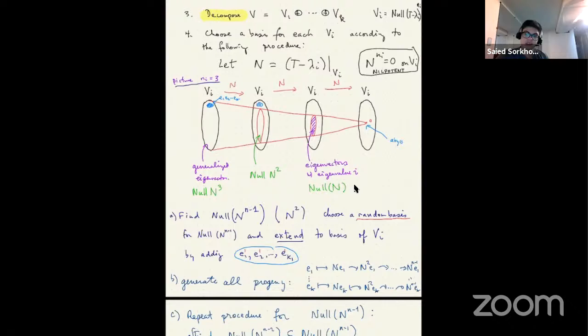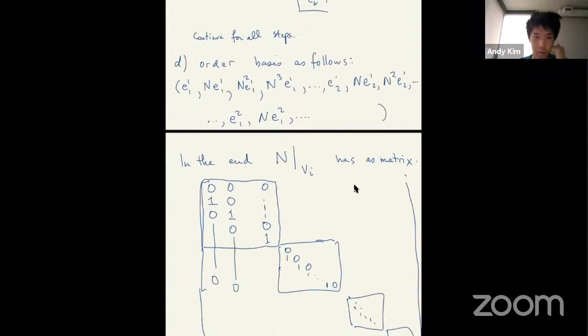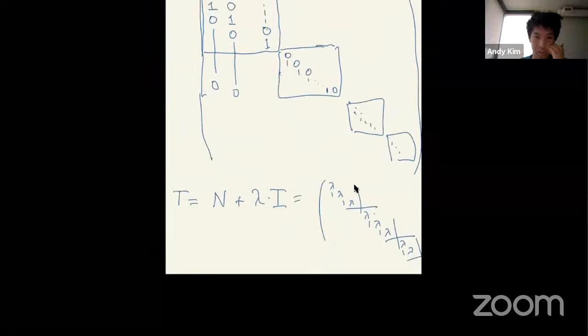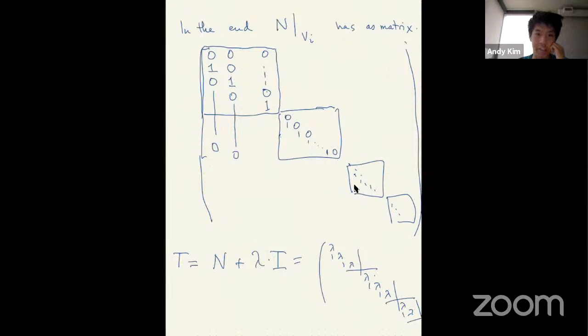Okay, so Andy has a question. Hello. So can you scroll down a bit to the end? Like even further. So since the matrix restricted to V_i is that.